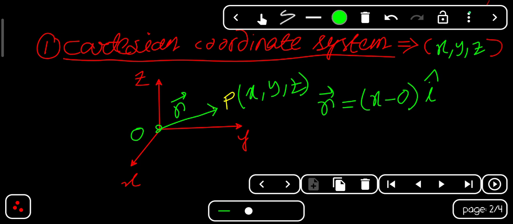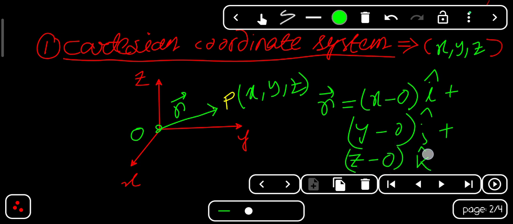As usual, the distance between the two points will be the difference between the coordinates with the unit vectors. So r vector will be equal to this plus (y minus 0) j cap plus (z minus 0) k cap. This is the position vector in the Cartesian coordinate system.